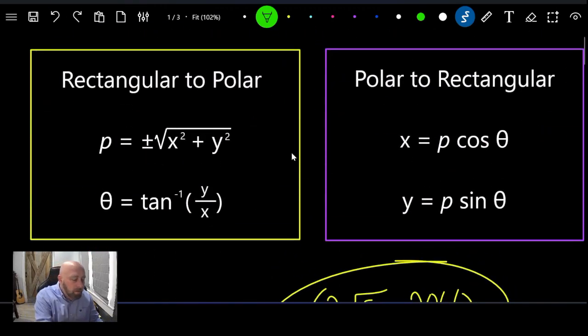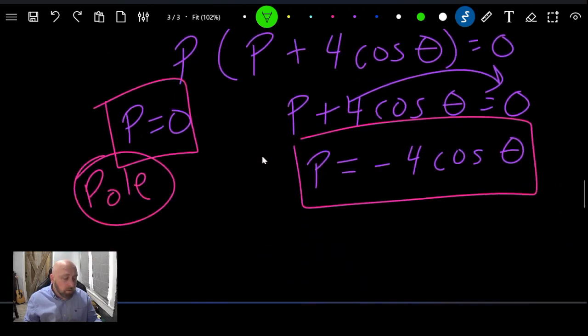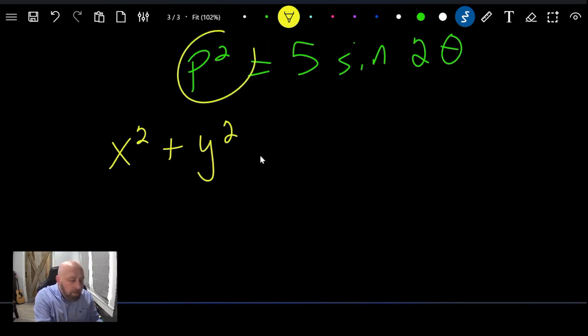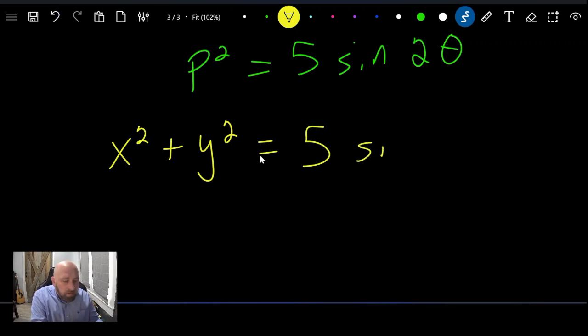We'll go all the way back here. This rho squared basically equals what? It equals x squared plus y squared. So we'll put in x squared plus y squared instead of the rho, and then that equals 5 sine 2 theta.